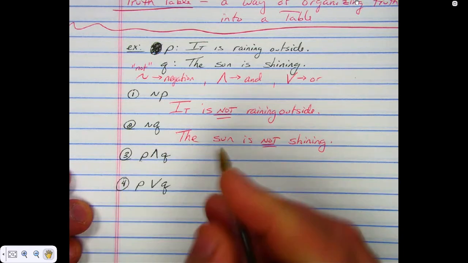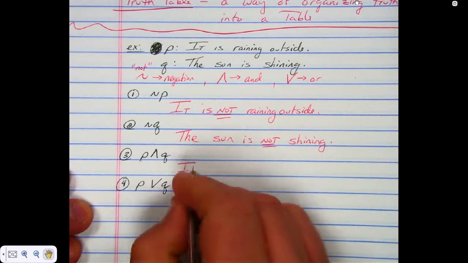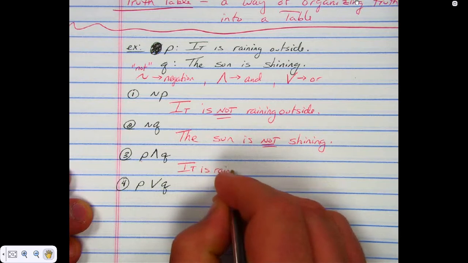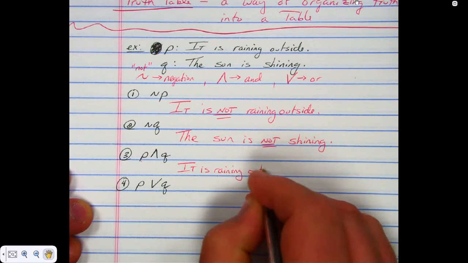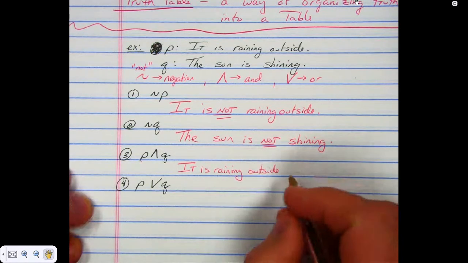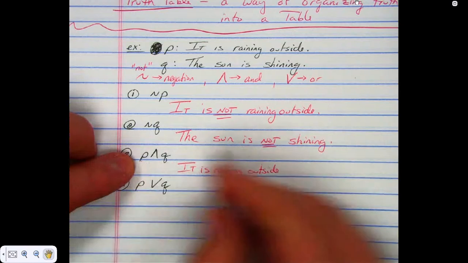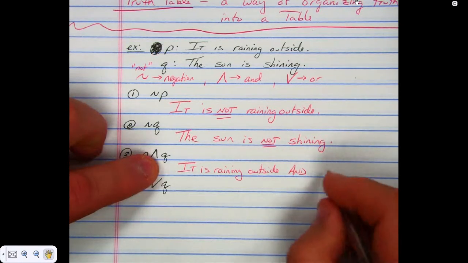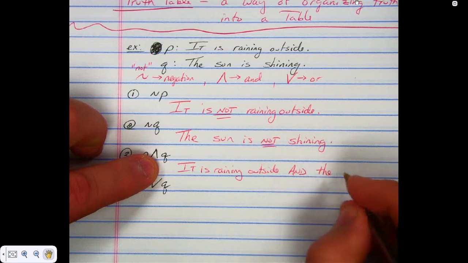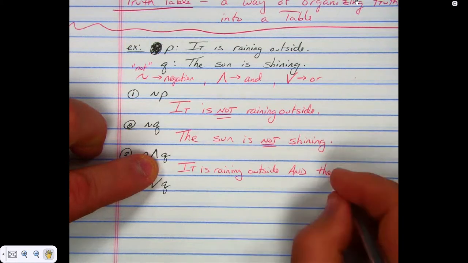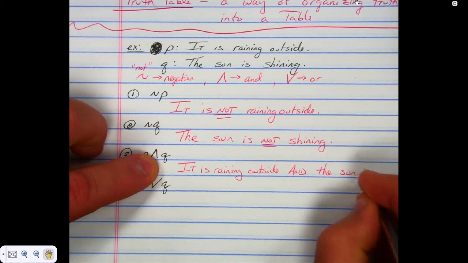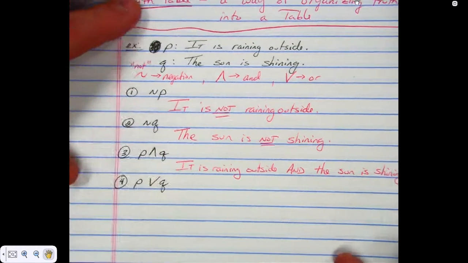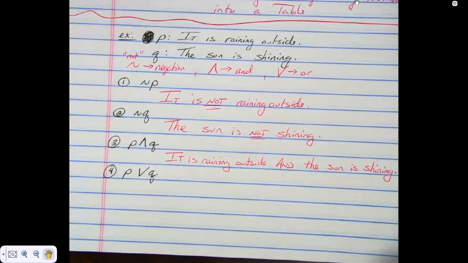Statement P. So let's write statement P, which is it is raining outside. Then what does this mean? And then what does that mean? The sun is shining. The sun is shining. Once again, don't make things harder than what they are.